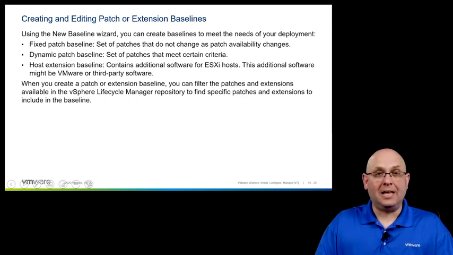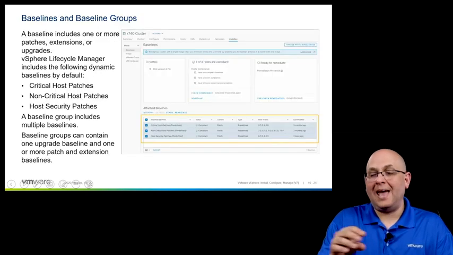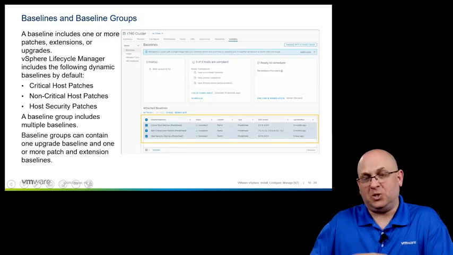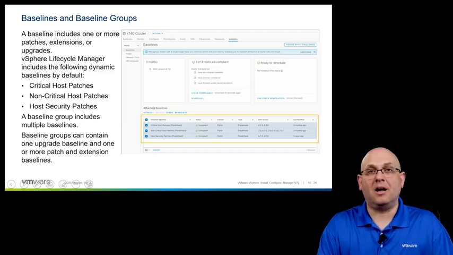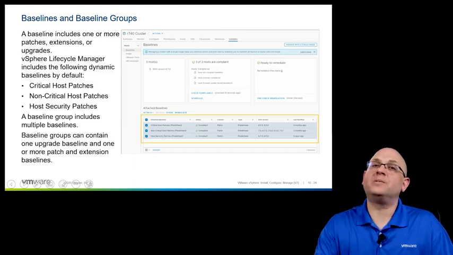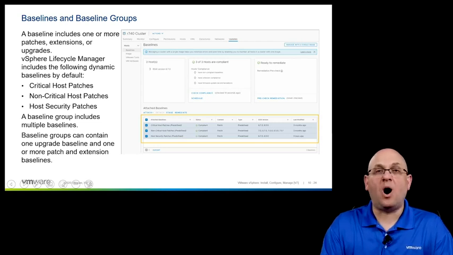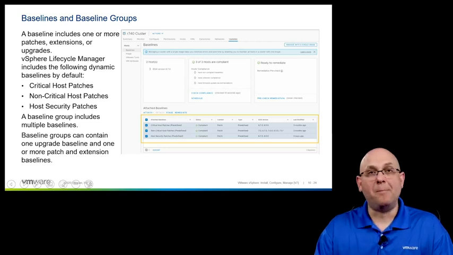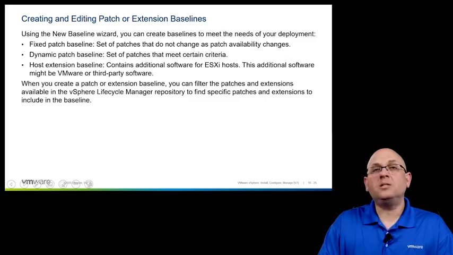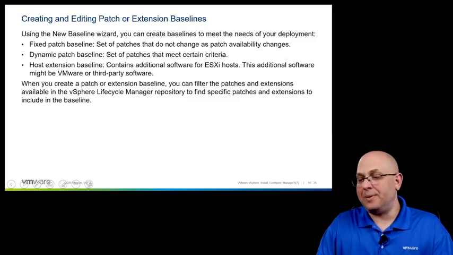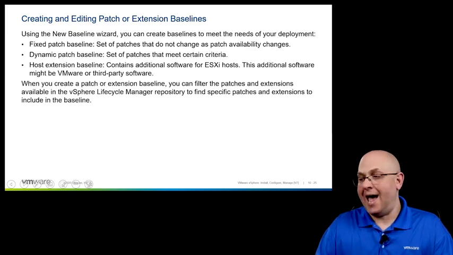Typically, and I'll go back one slide, when we have critical and non-critical host patch baselines there as defaults, these are dynamic patch baselines. And anytime VMware comes up with a new patch for ESXi, that new patch will then automatically be included among those baselines.